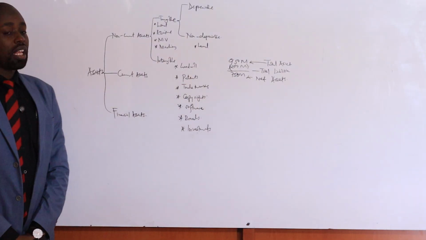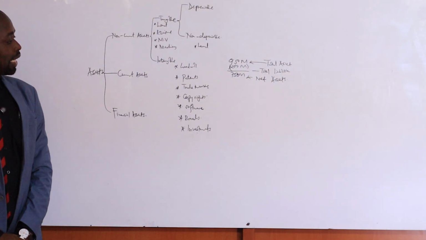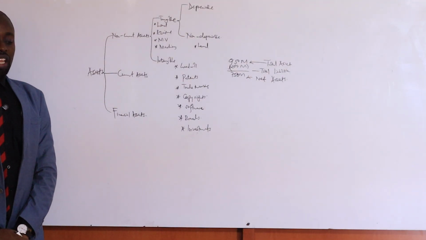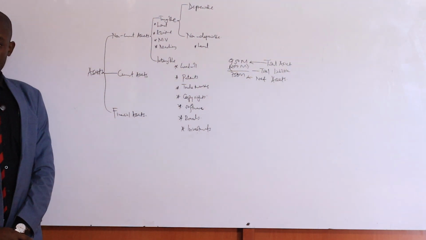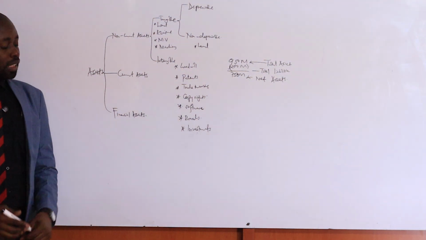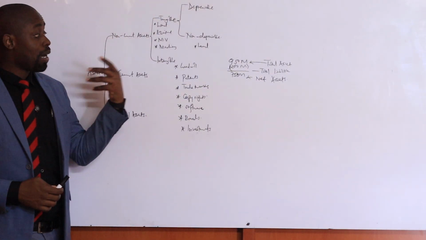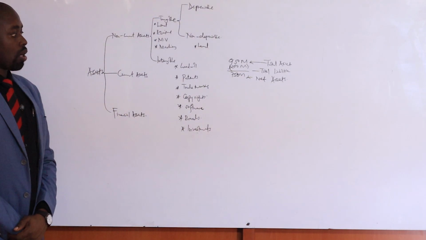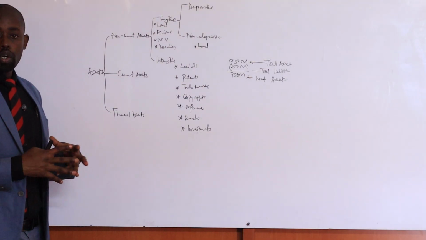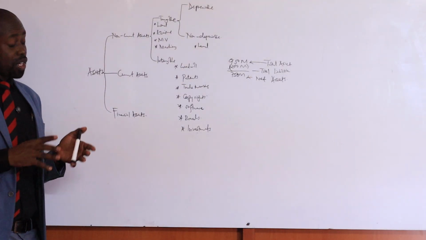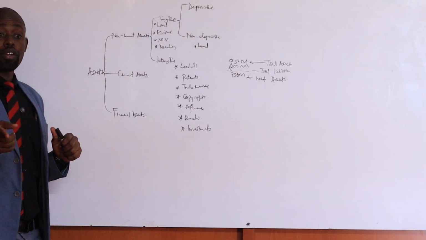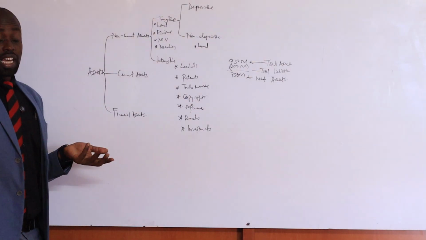Now there's something the owner of the business is adding to the 750 that the buyer cannot see. Example is the image of the business, how the public views the business. We've got the strategic location. You've got the customers who come and buy from this business. They will not stop buying because it's under new management.